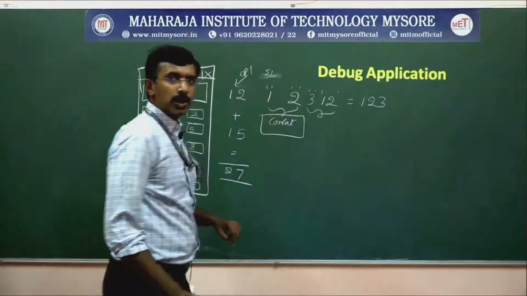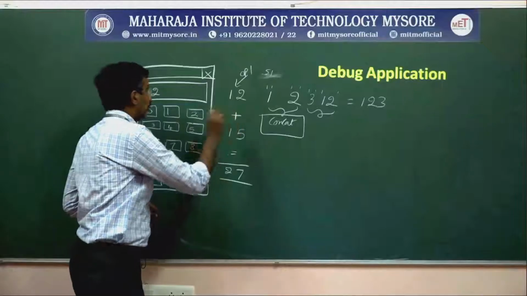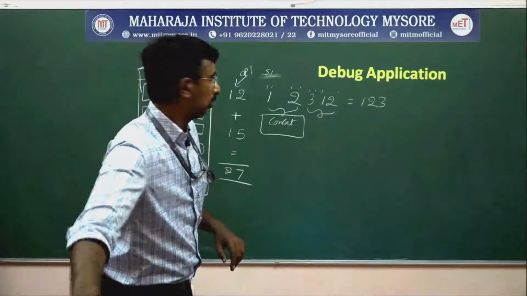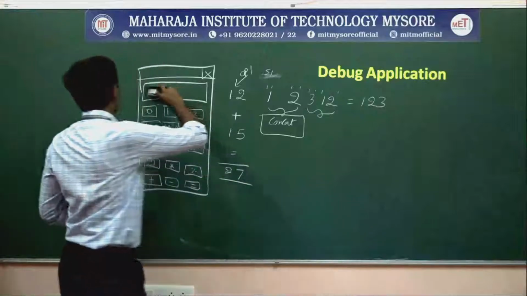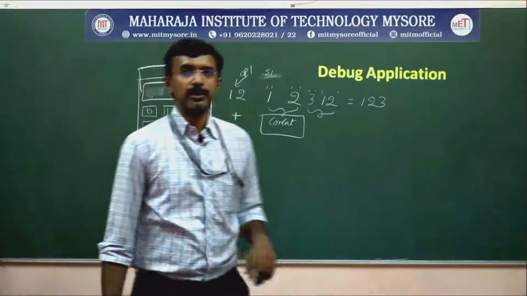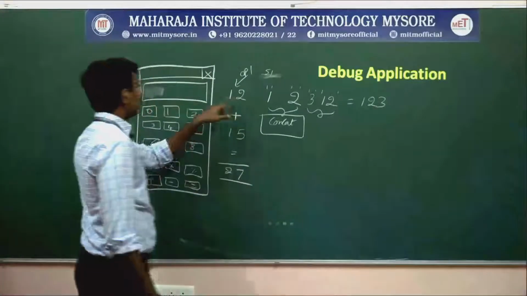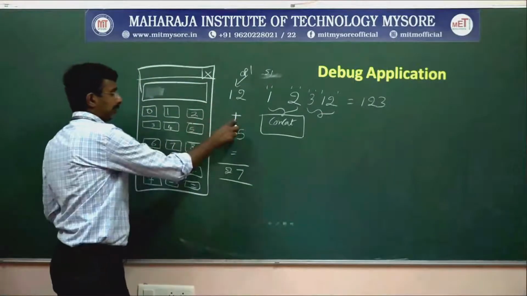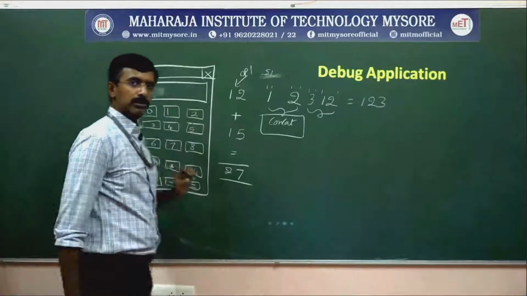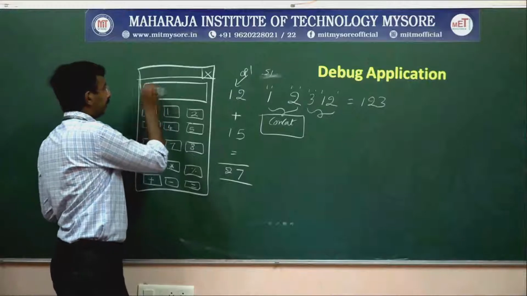This is your operand 1. Now after this, you will be clicking plus. When you click plus, automatically the 12 should be erased, so now it's time to enter operand 2. Once it is done with operand 1, when we click plus, it should wipe out the existing number, and then we want to enter 15.